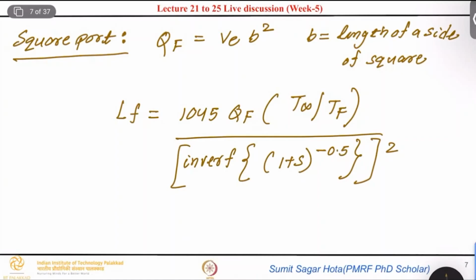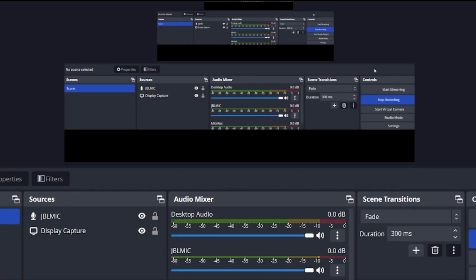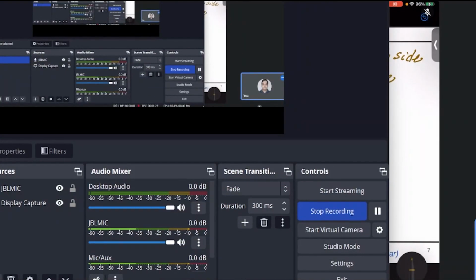Okay, by now substituting the value of QF.